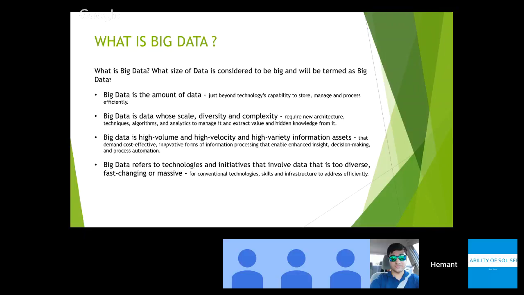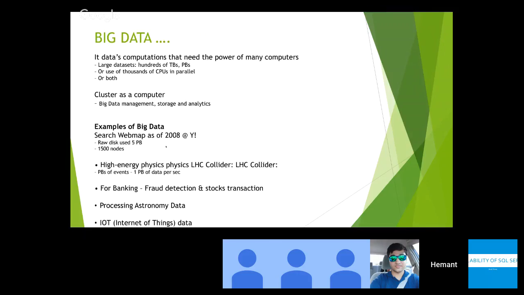So big data is a data computation that needs the power of many computers. Data could be in terabytes or petabytes, and it can use thousands of CPUs in parallel, or both. So it demands a cluster of computers for both storage and analytics.